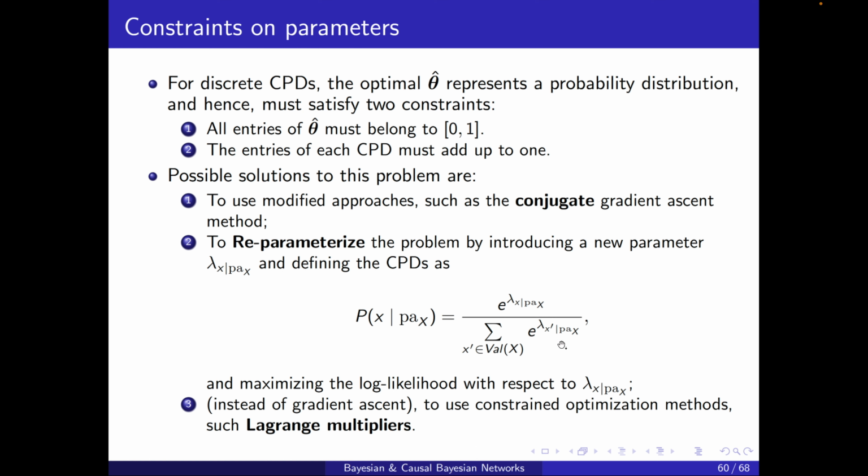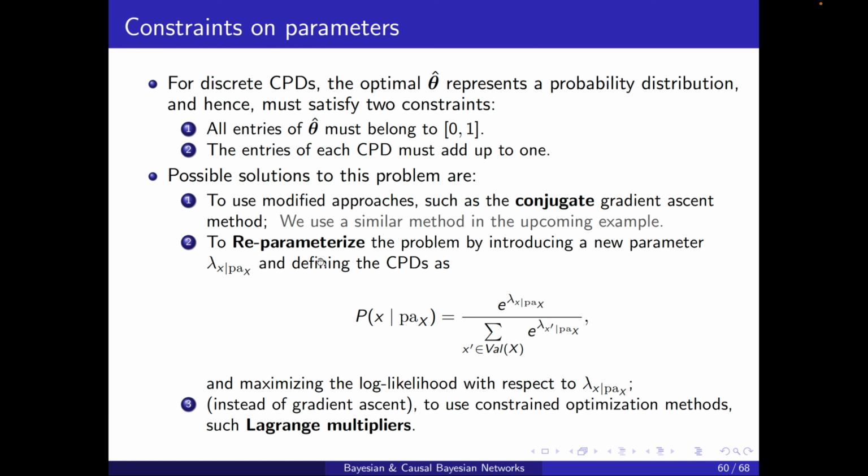If I do this, it's guaranteed that, since I'm only optimizing with respect to lambda, this is always positive and always adds up to 1 if I add up all the entries. And the third method is, instead of gradient ascent, to use constrained optimization methods such as Lagrange multipliers.